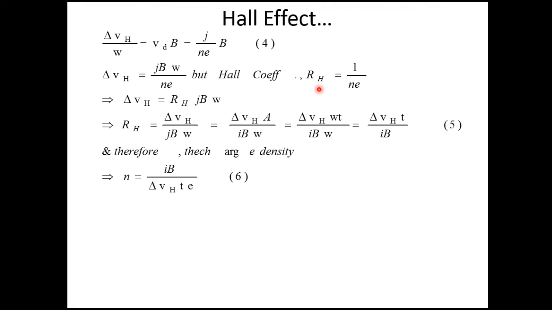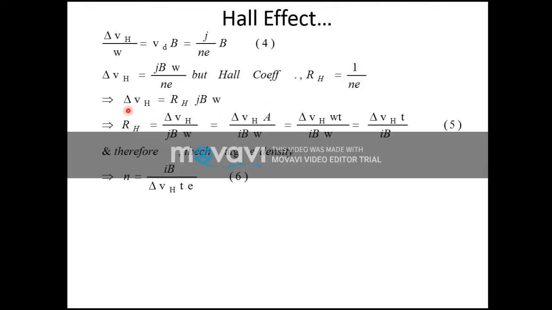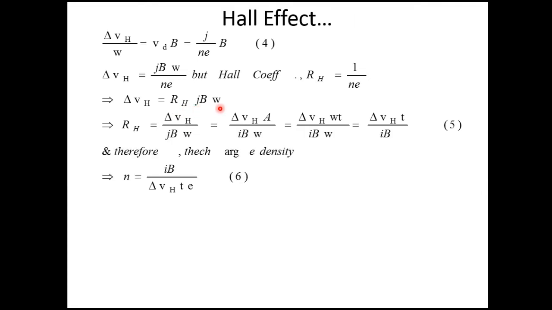This is given by R_H. This is equal to 1 by ne. So delta V_H will become now 1 upon ne की जगह उठा के क्या रख दिया, R_H. So R_H multiplied by JBW. Okay.